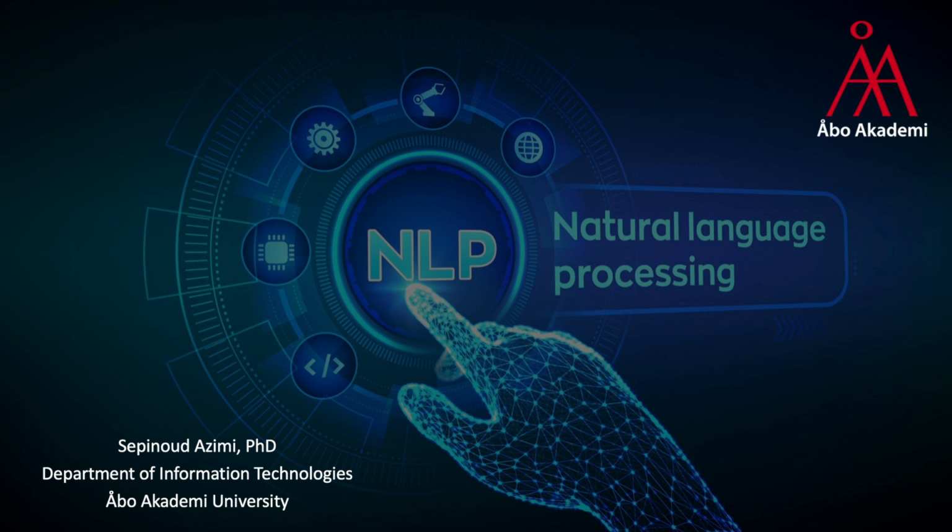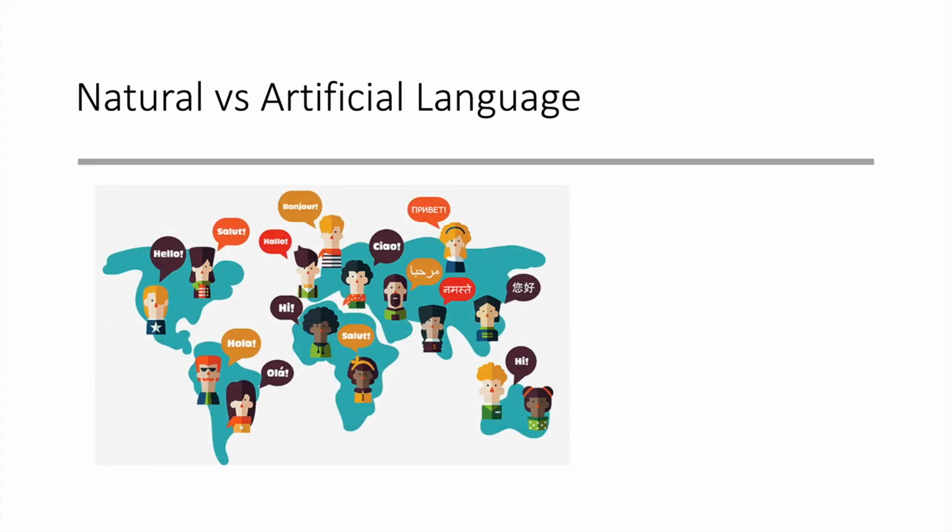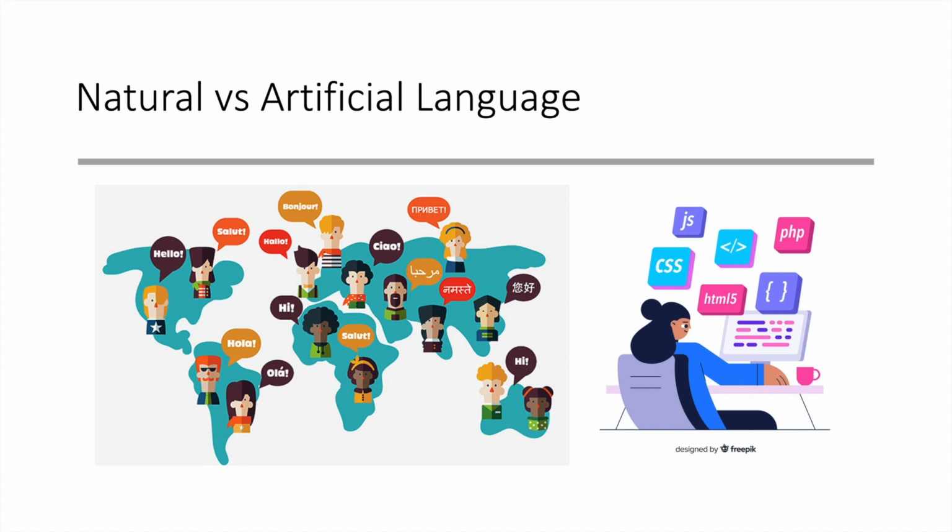So let's get started. By natural language, we mean languages that are used for everyday communication by humans. Languages such as English, Finnish, Swedish, Hindi, Portuguese, in contrast to artificial languages such as programming languages and mathematical notations.